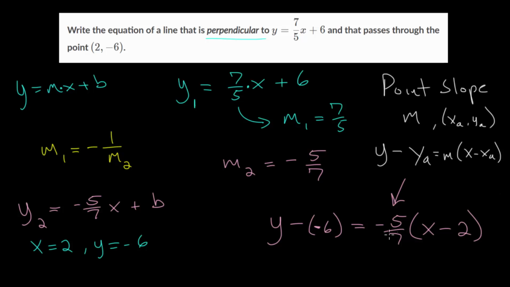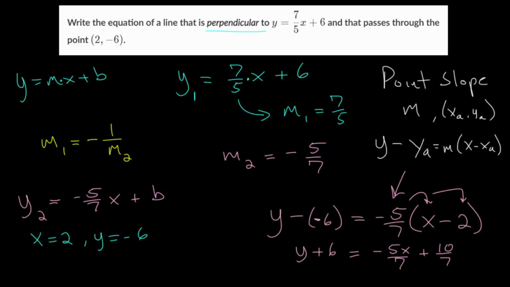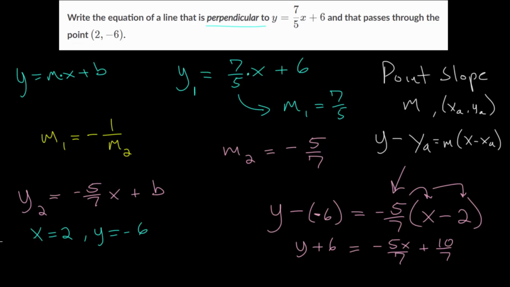And with the Khan Academy exercise, you can actually just submit this as the answer, but let's solve it for y. So this is really y plus 6, and we'll distribute the minus 5/7, so we get minus 5x over 7, and the negatives cancel when we multiply here, and we get 10/7. Now to solve for y, we'll have to subtract 6 on each side, so let me just make a little bit more room to do that.